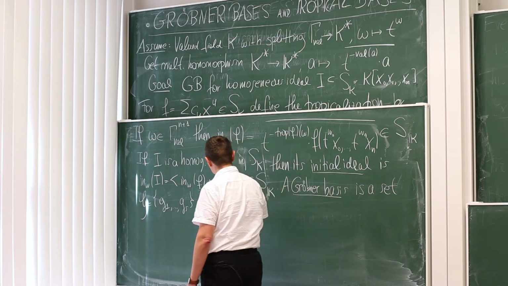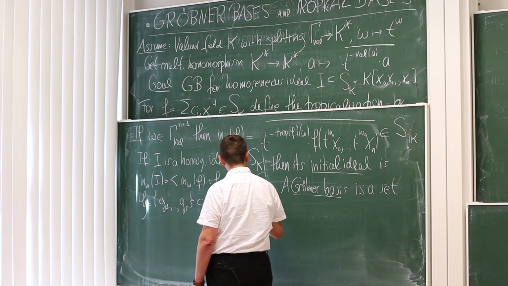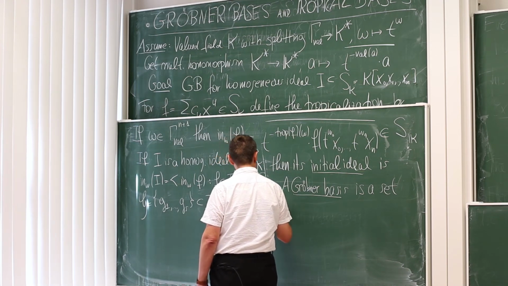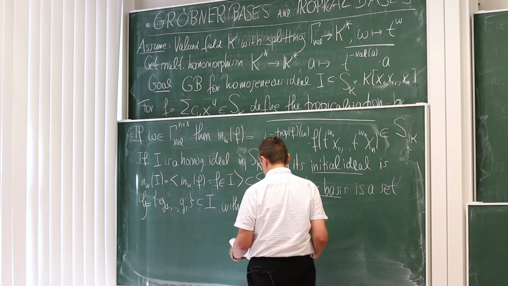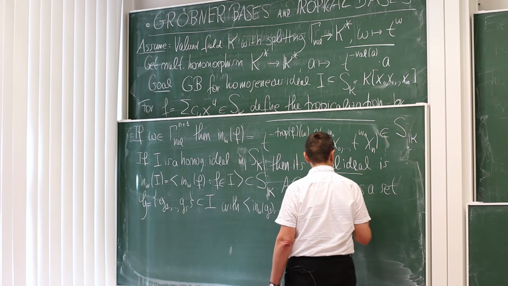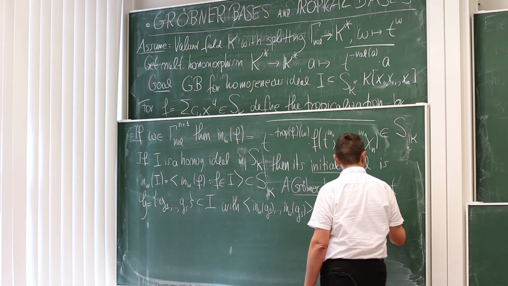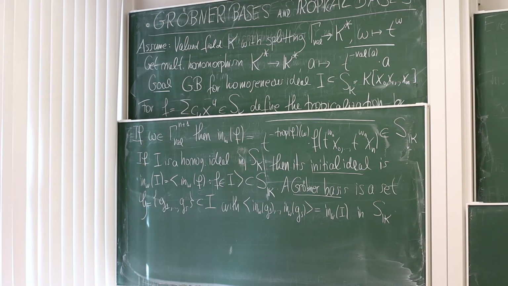But the decisive condition is that the ideal generated by the initial forms, so in(g1), up to in(gs), generates the initial ideal. And just for clarity, this takes place over the little field.